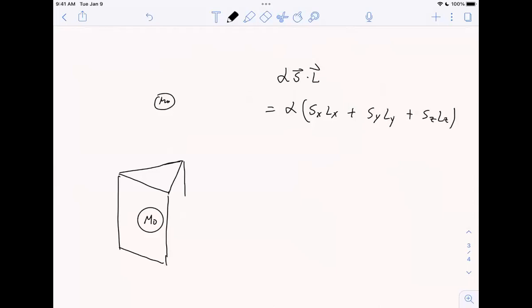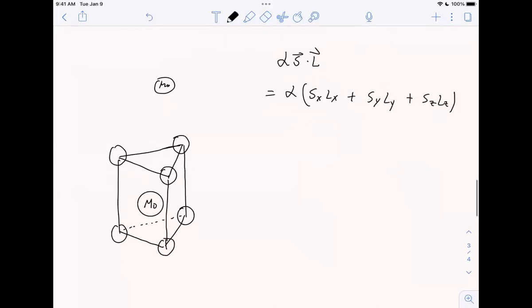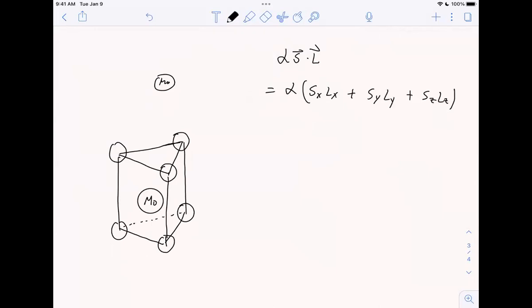You put it in the trigonal prism of the Se atoms. Once you put it in such an environment, this will favor one direction.